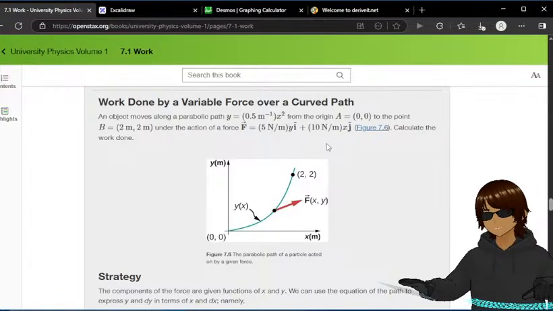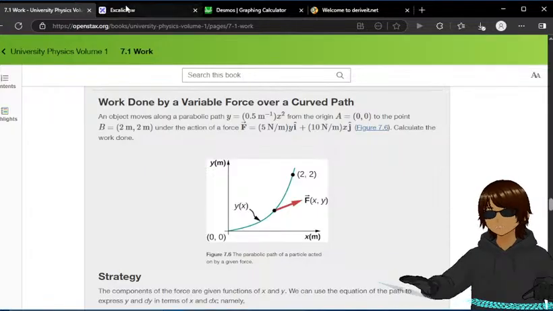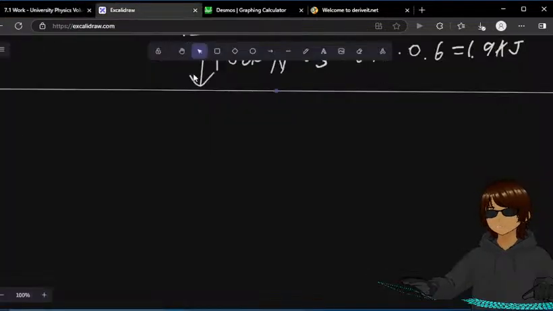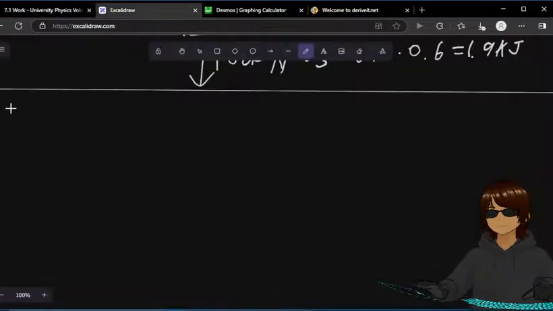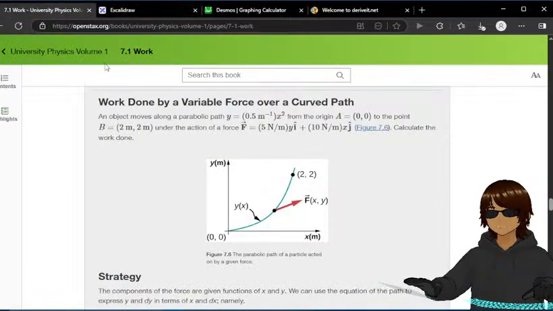If we just consider, so let's say, let me think. This is what? 7.4.